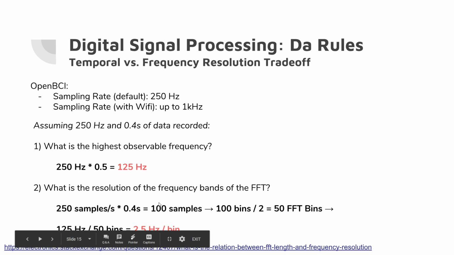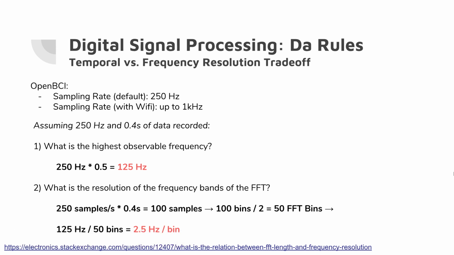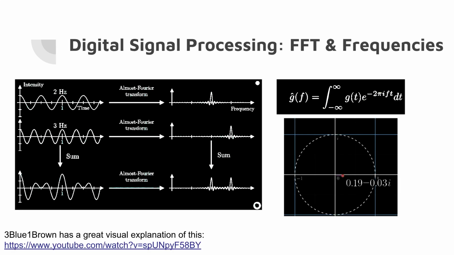So we've recorded the data on all of our EEG channels, let's say, 100 times. Now we have 100 divided by 2 FFT bins. That's 50 FFT bins. So if we divide 125 hertz by 50 bins, we get 2.5 hertz per bin. And so that is our frequency transform resolution.